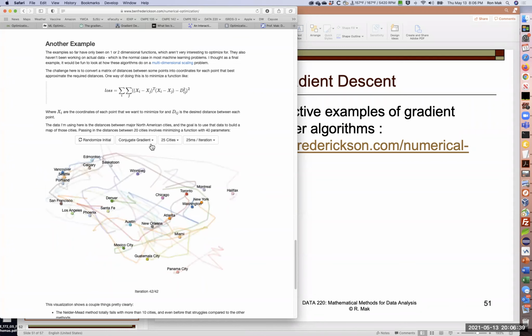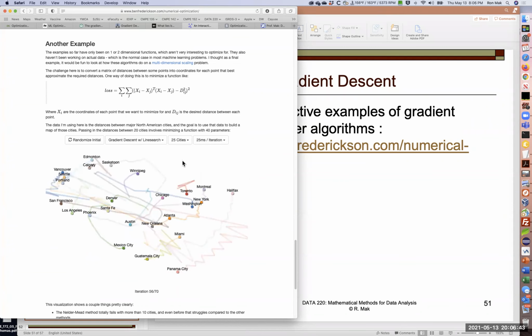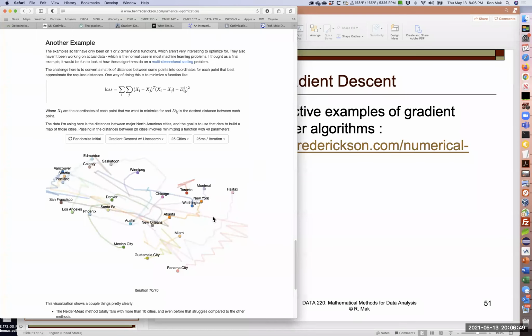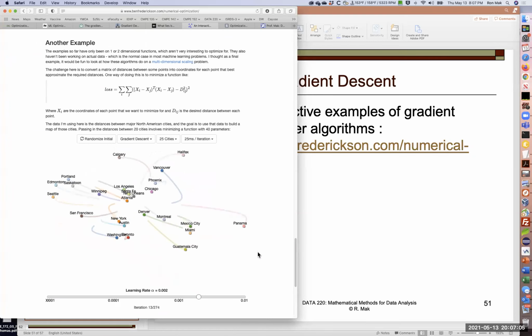Okay. Now, how about that one? You can see that looks like Vancouver. They had a bit of trouble placing Vancouver. It looks like maybe this is the path to New York. Okay, let's do that one again. Yeah, there's some oscillations toward the end there. Okay, gradient descent.